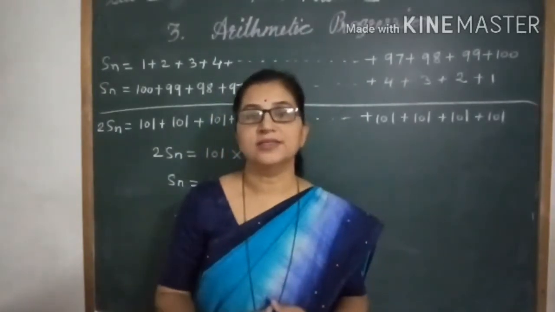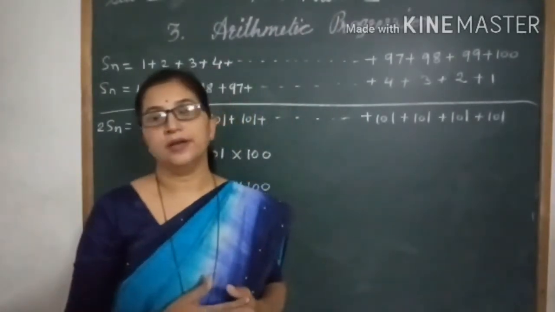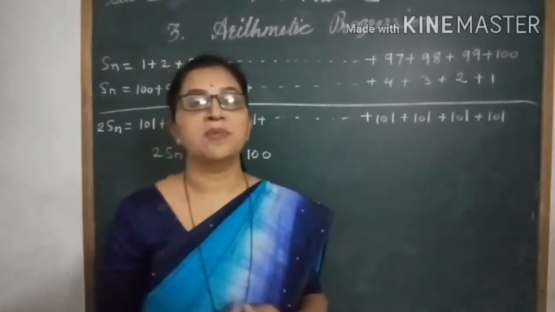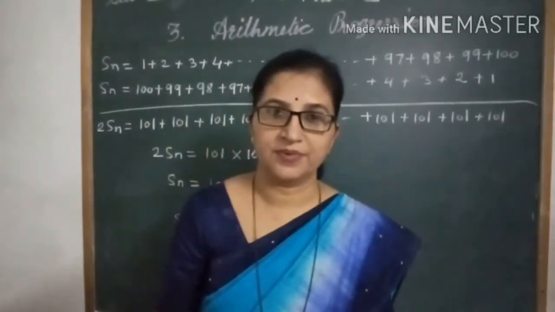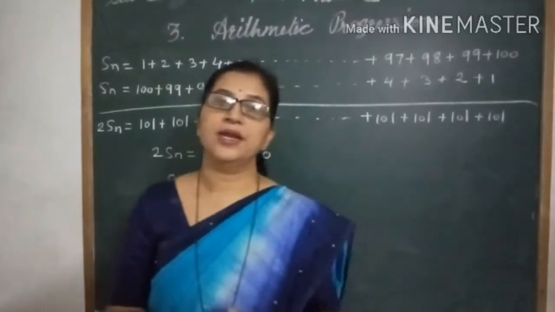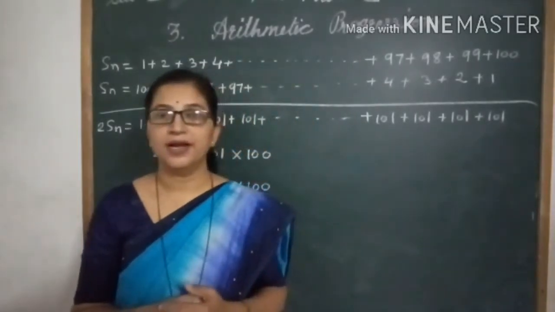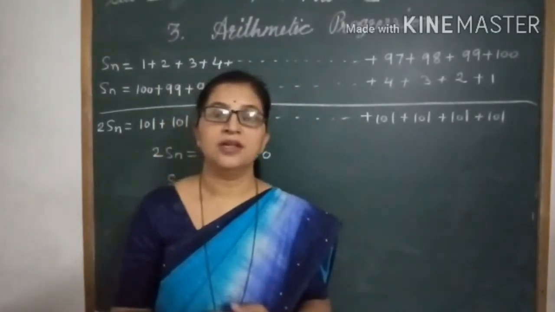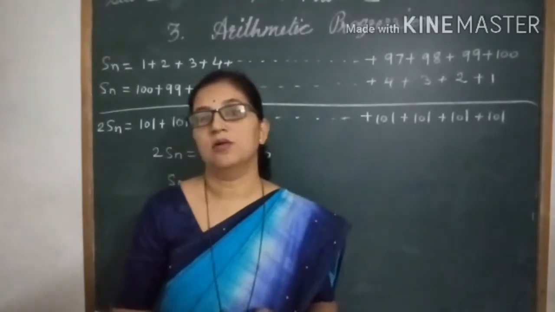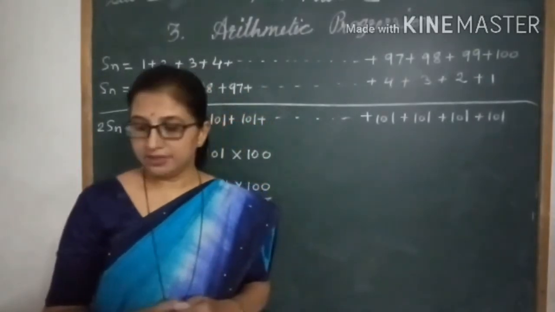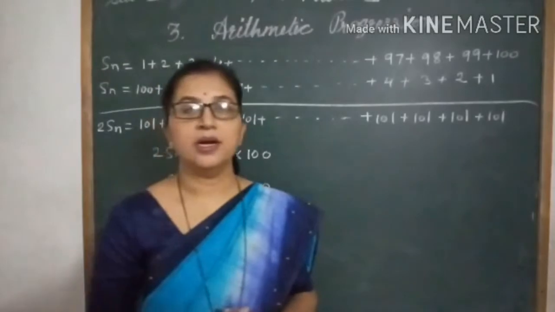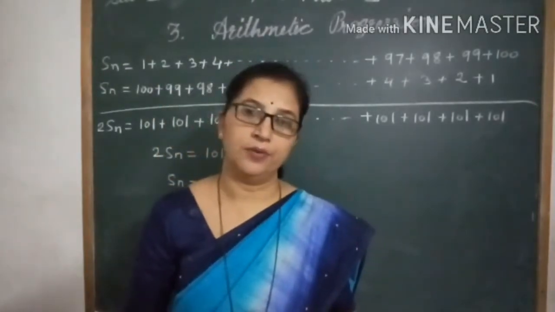But dear friends, there was a boy who added these numbers in a few minutes. I would like to tell you the story of a great German mathematician, Carl Gauss. This story is from near about 300 years ago.